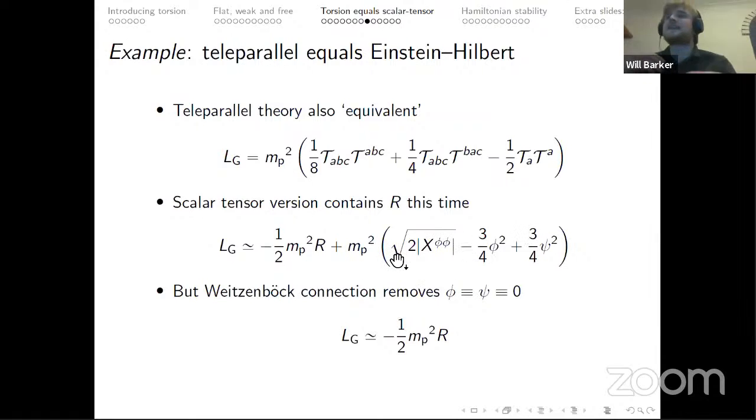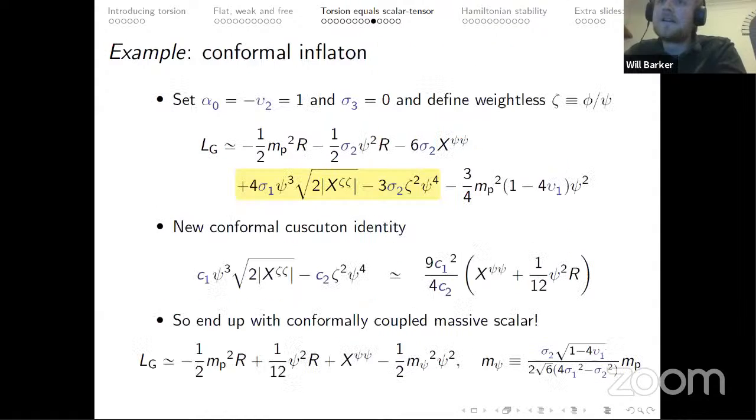It turns out that to make teleparallel gravity equivalent to general relativity, you also have to switch off the Riemann-Cartan curvature using extra multiplier fields in the torsion Lagrangian. And the effect of that is basically to artificially switch off those scalars. So at the end of the day, the scalar tensor analog is just the Einstein-Hilbert Lagrangian, which is pretty much what you would expect, because that's obviously going to give you the correct background.